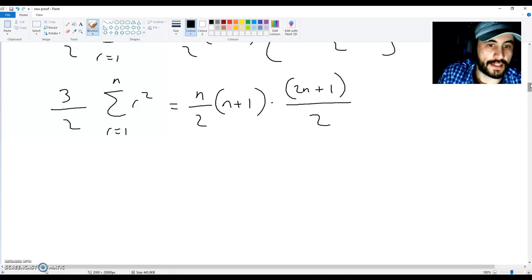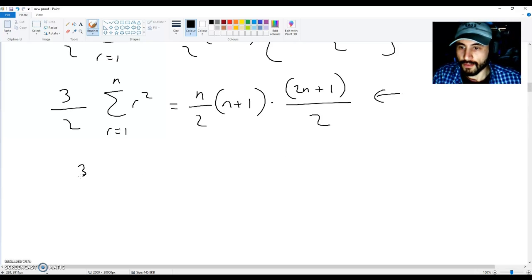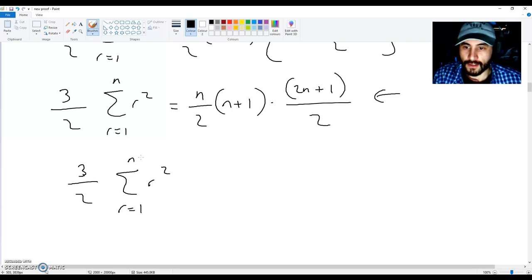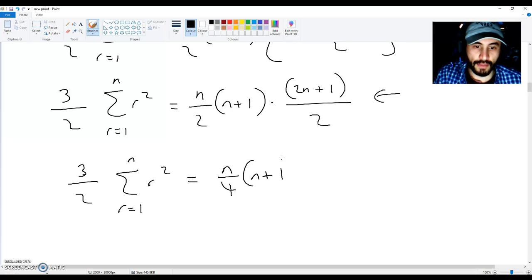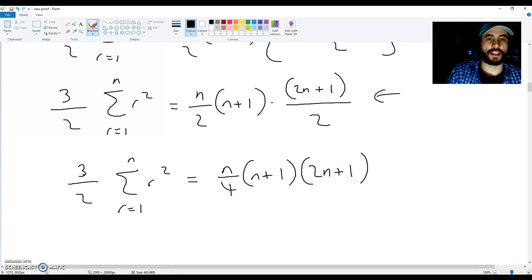And we can simplify this side of the equation. If we do that, we're going to get 3 over 2 this, which is equal to n over 4 multiplied by n plus 1 multiplied by 2n plus 1. And we're incredibly close to getting this proof.